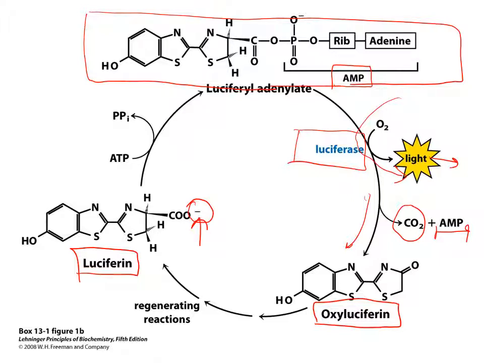And then through hydrolysis of ATP and transfer of basically the adenosine monophosphate to the luciferin, we restore our luciferyl adenylate, which then can undergo the same chemical reactions and generate more light. So we form our good old ester bond here between the luciferin and adenosine monophosphate.